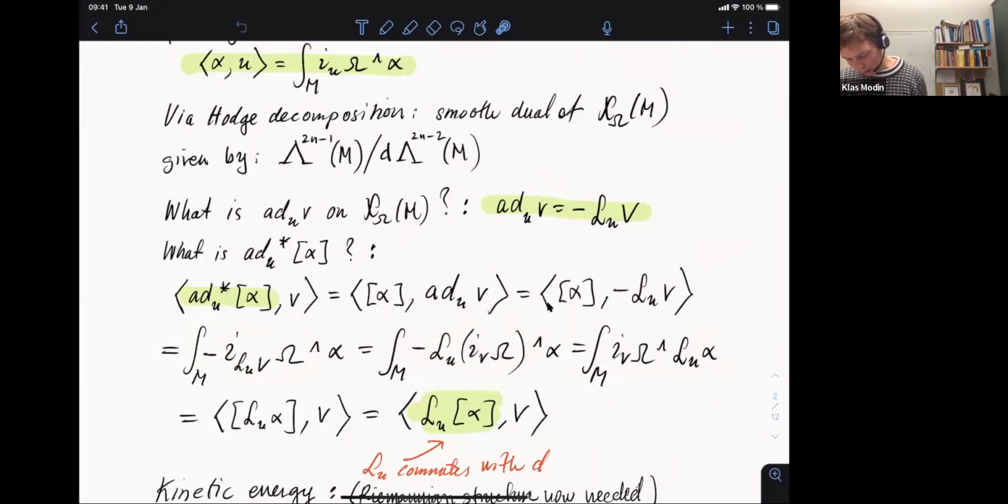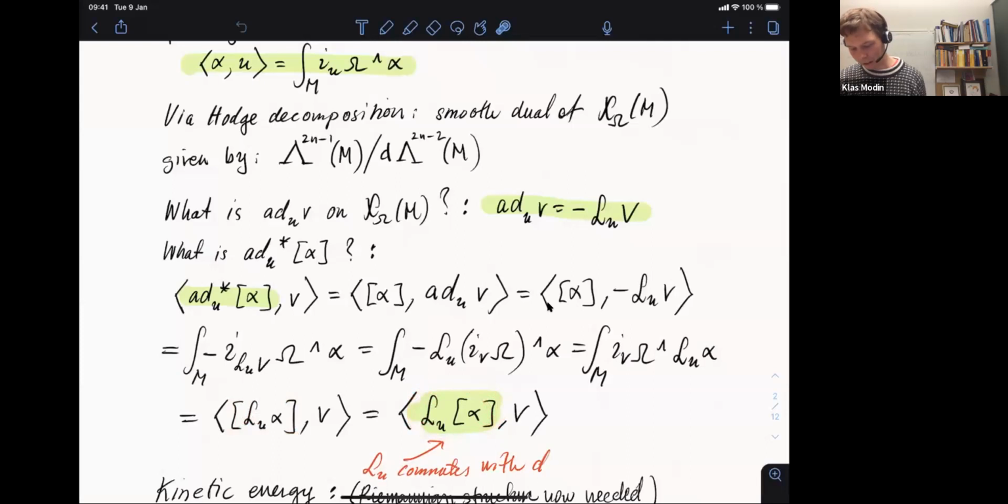And now I have identified what the ad star is. The only thing is that the Lie derivative is within the coset. But in fact, because the Lie derivative commutes with d, the exterior derivative, I can move this Lie derivative outside. So in fact, it's well defined on the coset. So this is how my ad star operator looks.